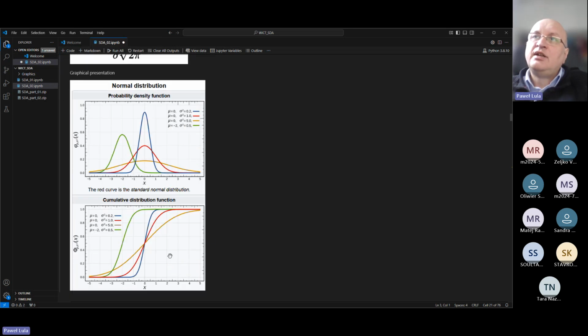And here we see the cumulative distribution function. We know how to interpret it.